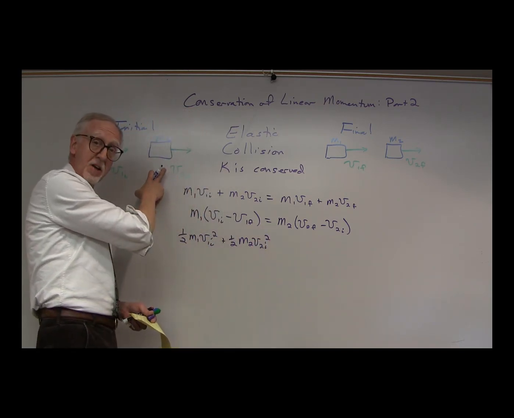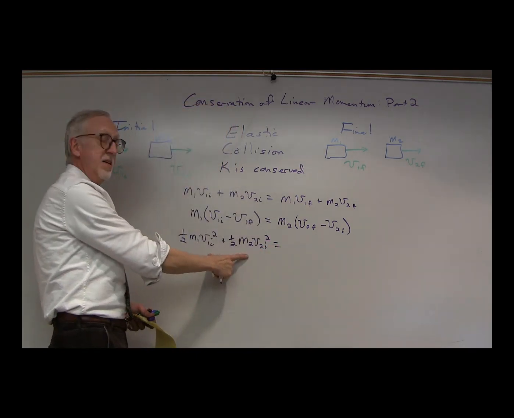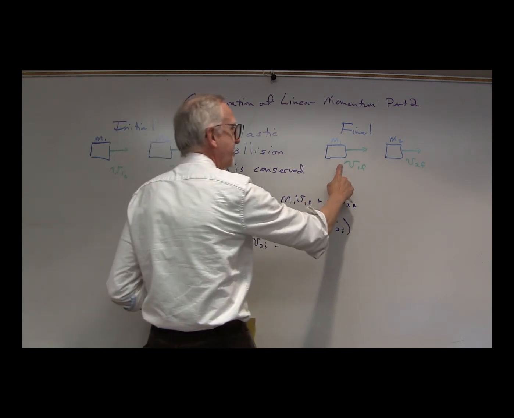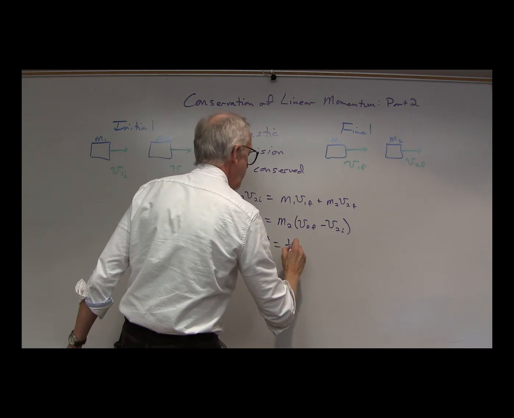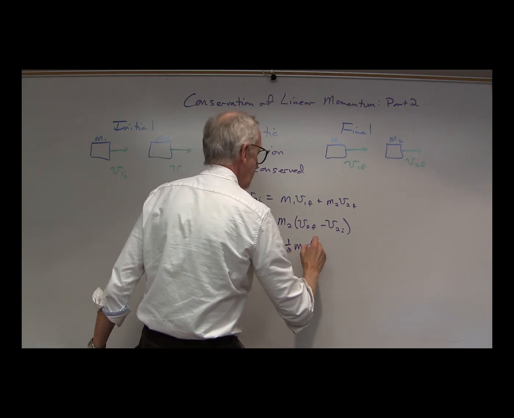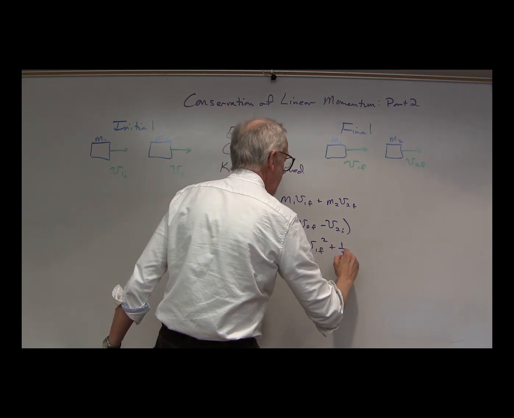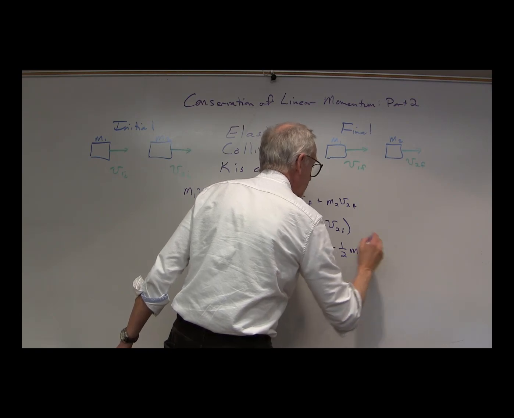So that's the kinetic energy of the second mass initially. That is the total initial kinetic energy. This must equal the total final kinetic energy, which will be the sum of the kinetic energies of each mass finally. So 1/2 m1 v1 final squared plus 1/2 m2 v2 final squared.